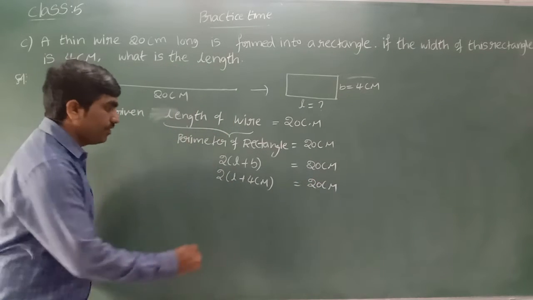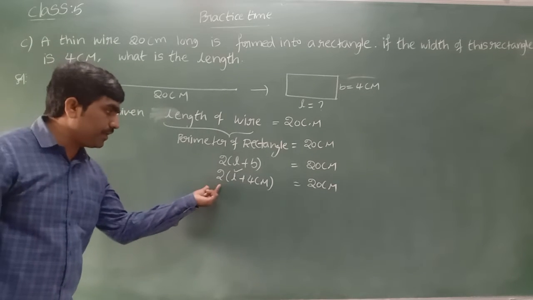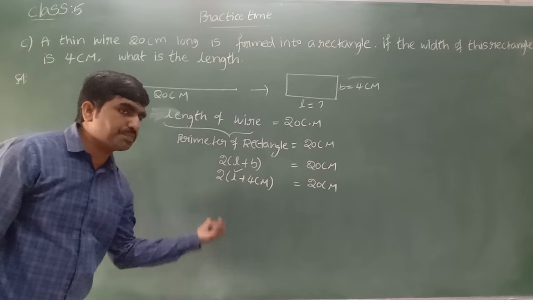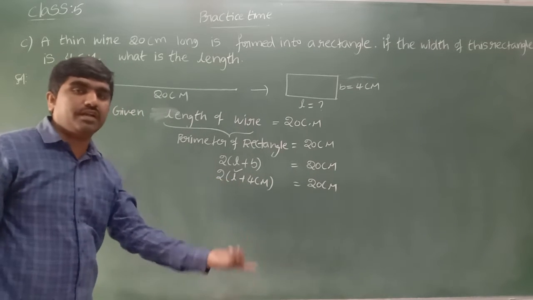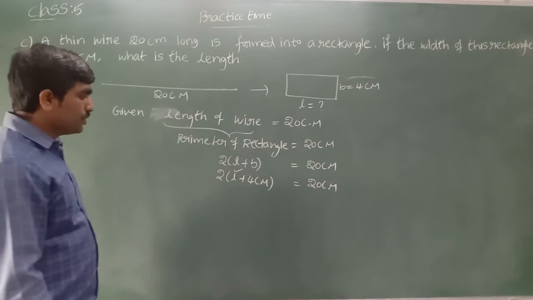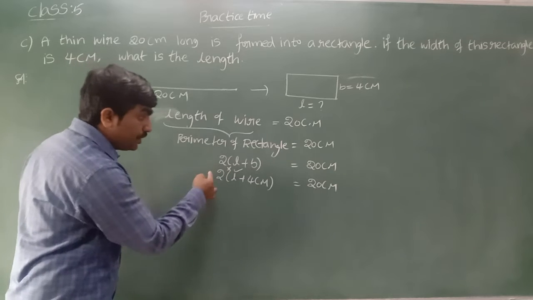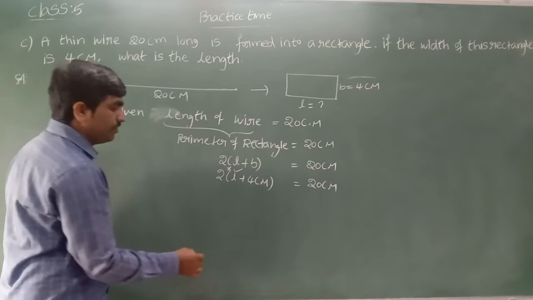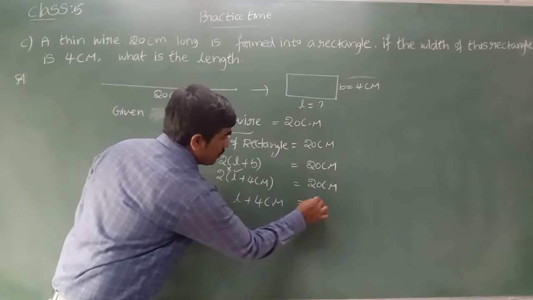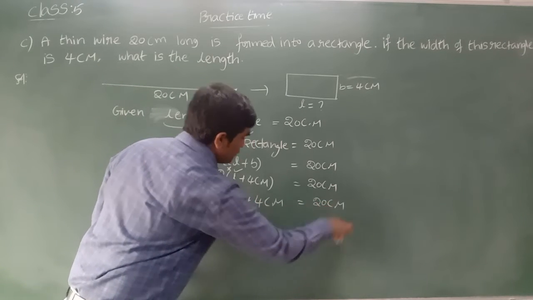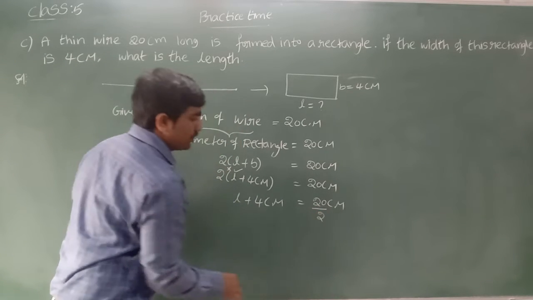Now from here we need to find the value of length. Except length, all the remaining terms we need to transpose to the RHS so that length is alone. First we transpose the 2 to the RHS; when it is transposed, it becomes division. So L plus 4 centimeters is equal to 20 by 2.